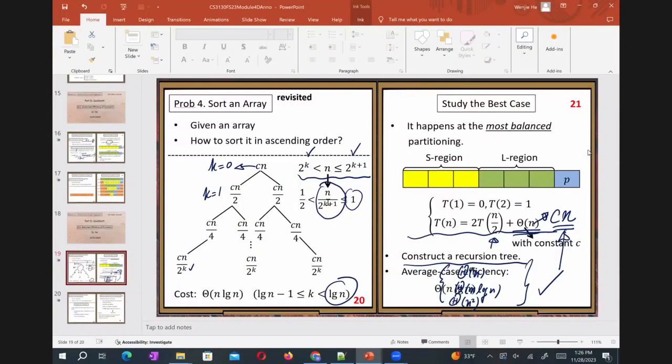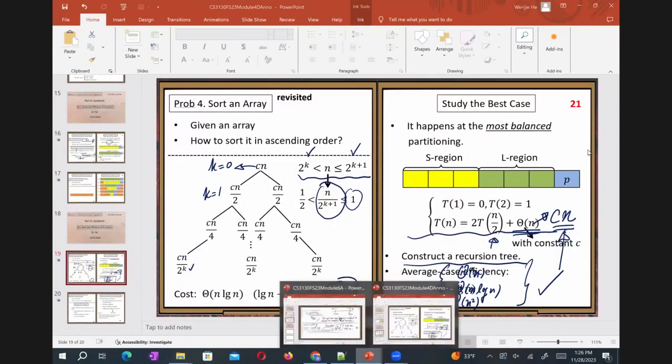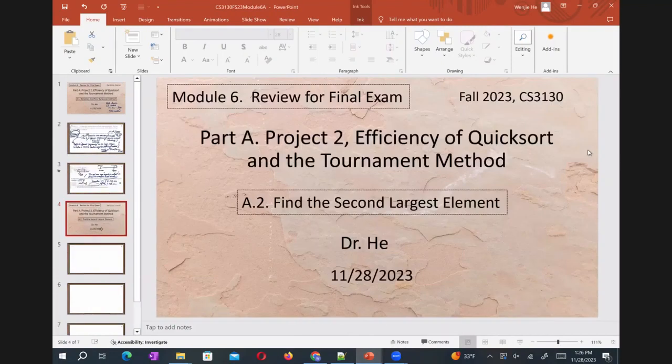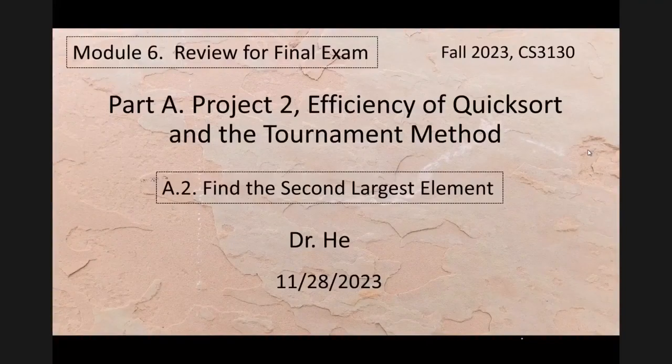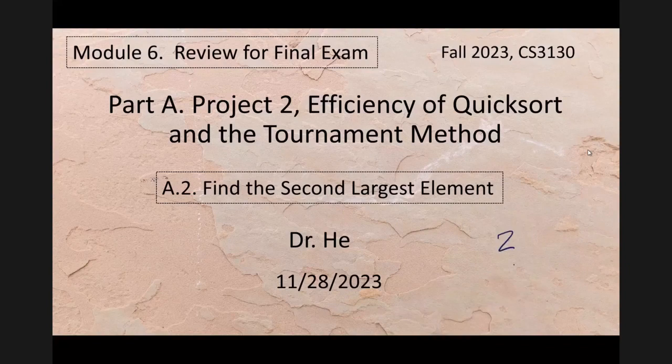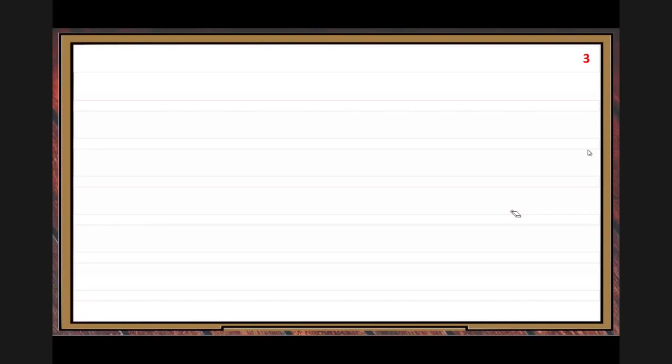Let me jump back to the previous one. I have this 8.2, find the second largest element. Here there is an interesting method called the tournament. You organize a sports game using the tournament way.